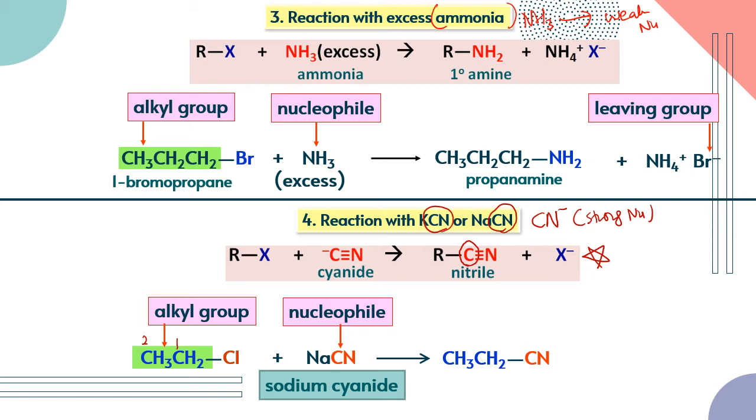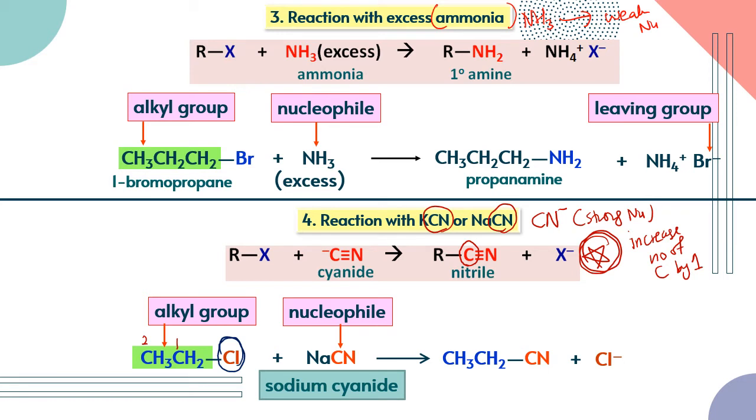CN minus will replace Cl over here. The halogen will be the leaving group. Right now, if you look closely at the product over here, I want you to remember this reaction, because it is important. By addition of KCN, we will increase the number of carbon by 1.